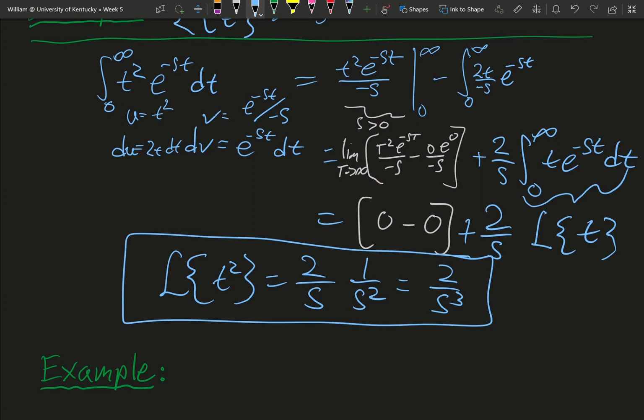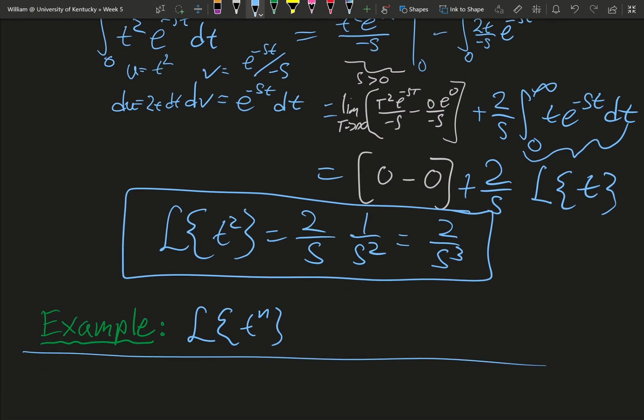Okay, so now let's jump ahead a little bit. We can look at the Laplace transform of t to the nth power. A lot of these steps are going to be the same, as we'll see.